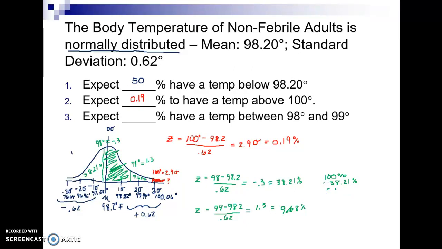And I don't want the higher section, so I'll subtract out 9.68% because that is the part that's too high. And so I do that math on my calculator, and I figure out that 52.11% is between. So I have the answer to my question. I would expect about 52.11% of the temperatures to be between 98 and 99.